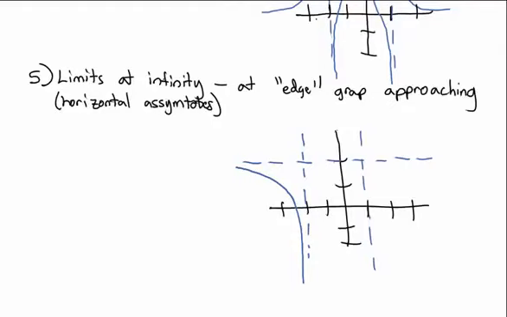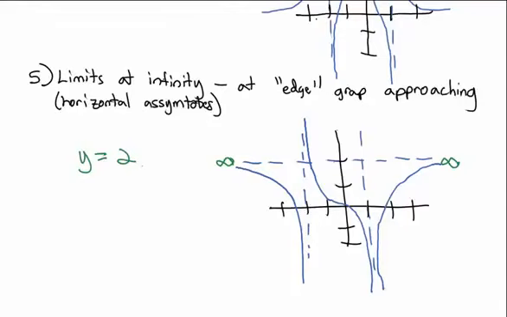So the graph might bend down that way, might bounce up and wiggle around like this, and then it's going to come maybe up this way. And what I notice is the limits at infinity, on the edge, the graph is approaching y equals 2.